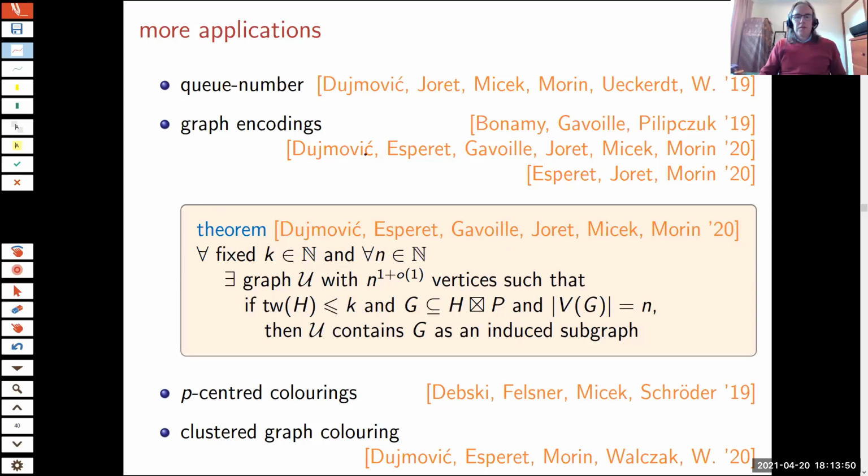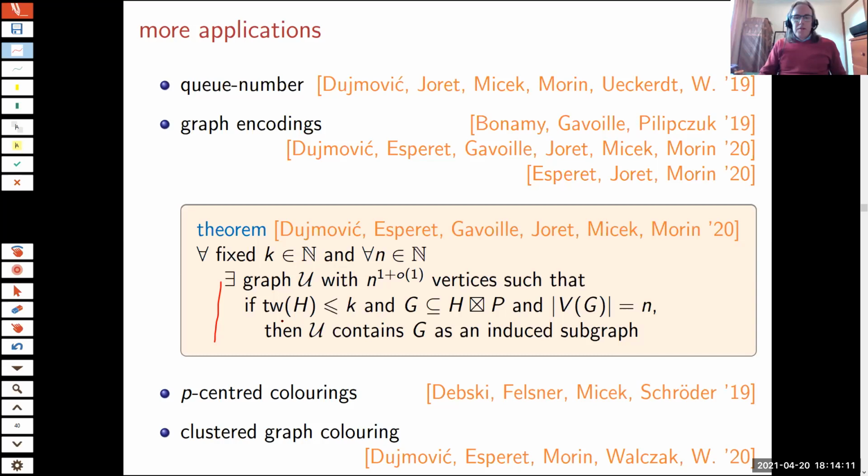And this is the beautiful theorem that was proved by my colleagues. I'm not an author on this paper. They showed that for every fixed integer k and integer n, there is a graph U, and it's got just a little bit more than n vertices, n to the power 1 plus little o of 1.